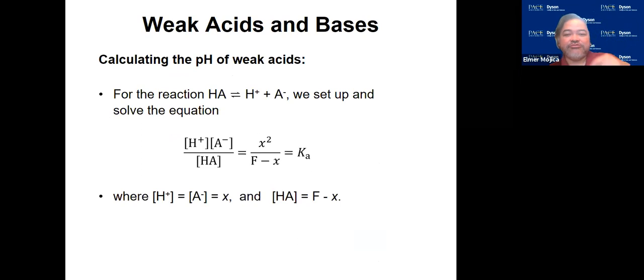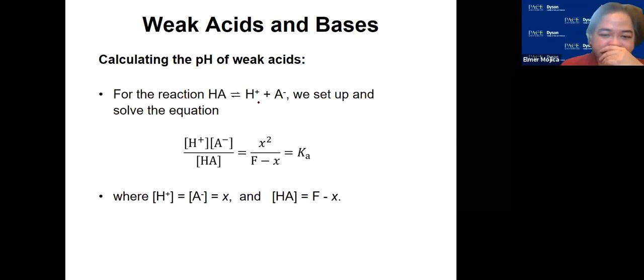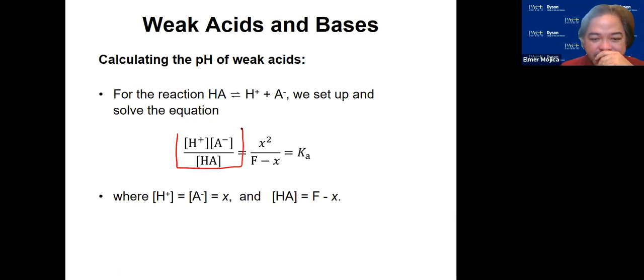Now let's go with the weak acid and weak base. So again, this is just Gen Chem 2. For the reaction, HA dissociating to H plus and A minus, we set up and solve the equation. So usually we have it set up like this. But right now, we can set it like this one.